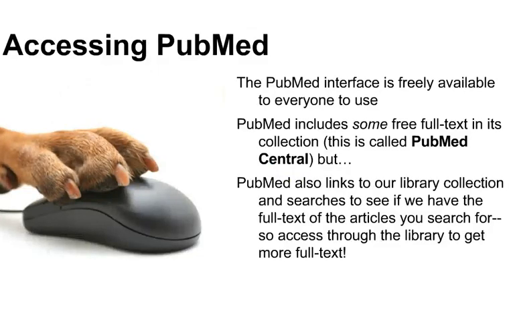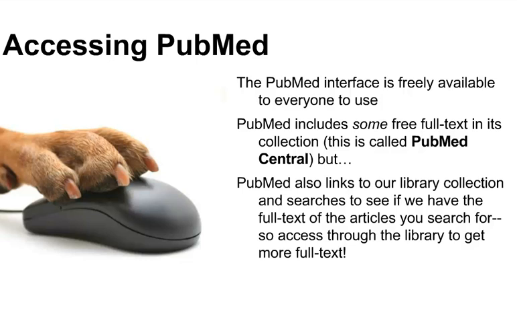Okay, so moving on to accessing PubMed. So PubMed is freely available for everyone to use. Anyone can type in pubmed.gov into your browser and start looking for results and returning results. Where PubMed is not so free is when you're trying to get the full text of articles.